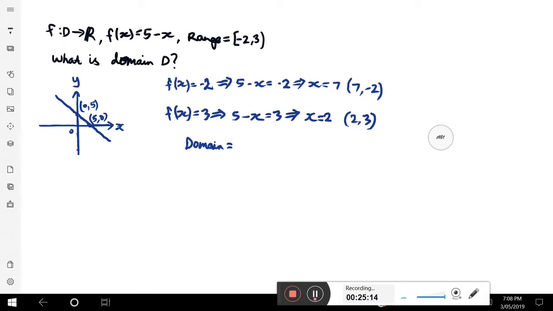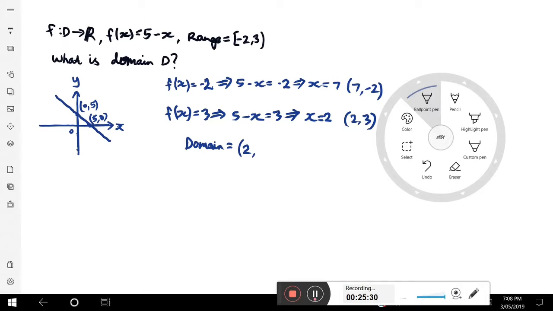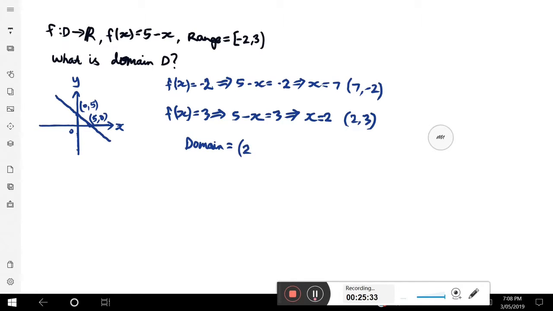You can just see, the one where y is negative 2 is included, so that means 7 is included. Y equals 3 is not included, so that means x equals 2 is not included. So 2, 7, where 7 is included.